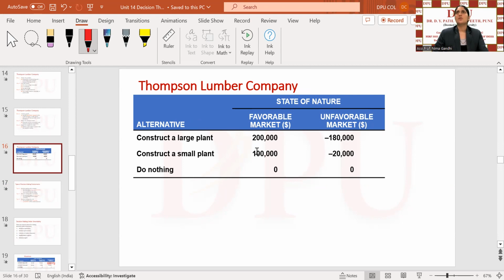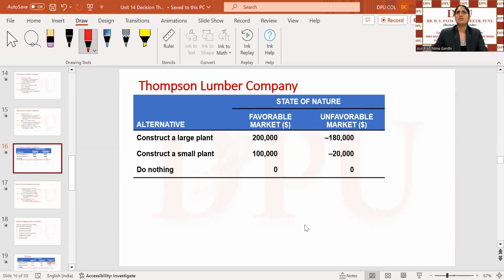So this is very easy when you know the certain outcome of your alternative. The outcome of your alternative is a certain thing, you know it, and accordingly you are taking a decision.